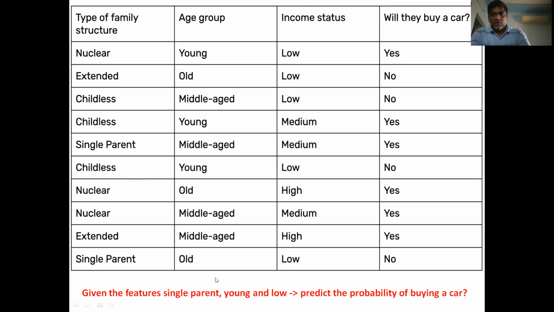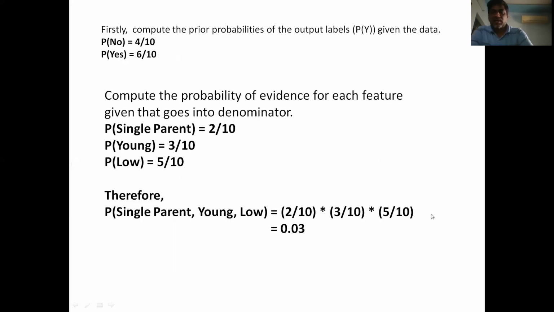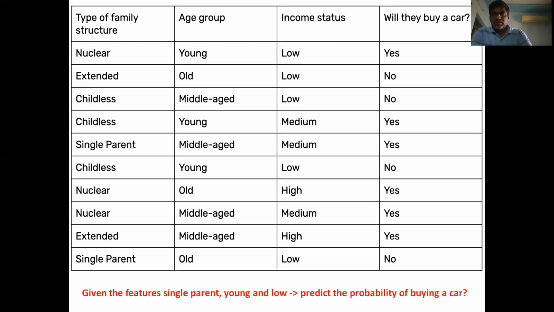Okay, so to solve this problem, there are four steps in naive Bayes classifier design. The first step is to compute the prior probabilities of the output labels. How many output labels are there? There are two, either yes or no. The prior probabilities are the probabilities of the categorical outputs.